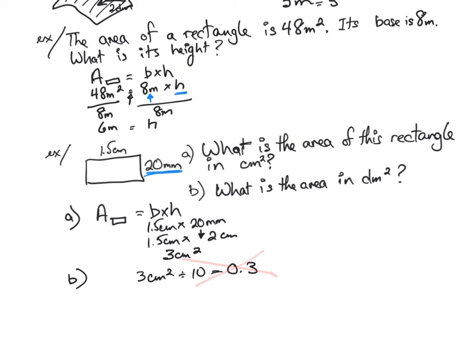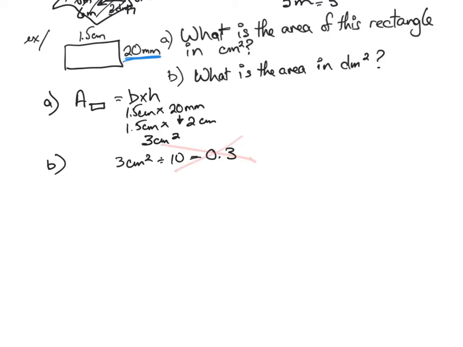If you actually were to do it out, converting at the beginning, you would see that 1.5 centimeters becomes 0.15 decimeters, and 20 millimeters becomes 0.2 decimeters.